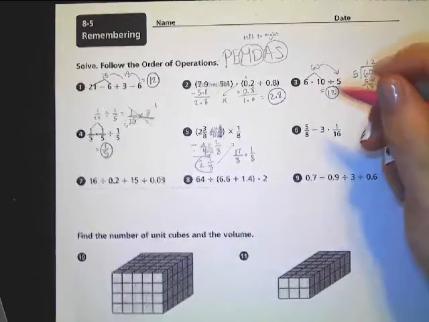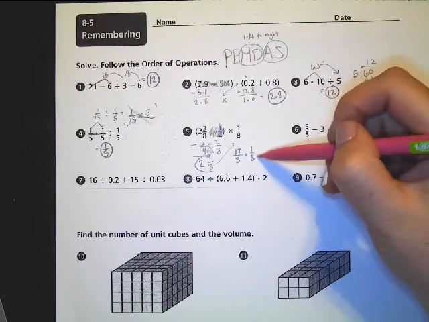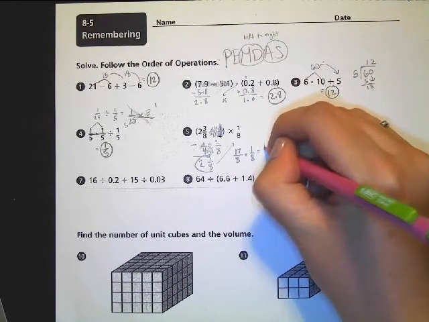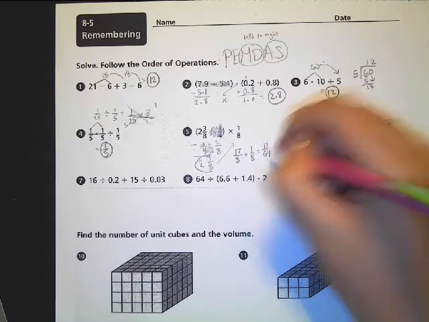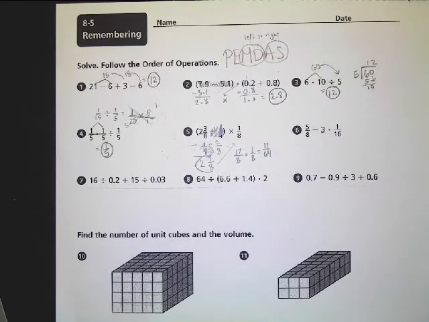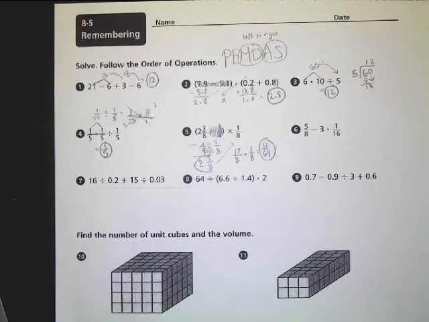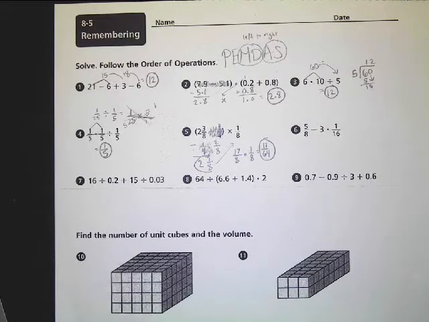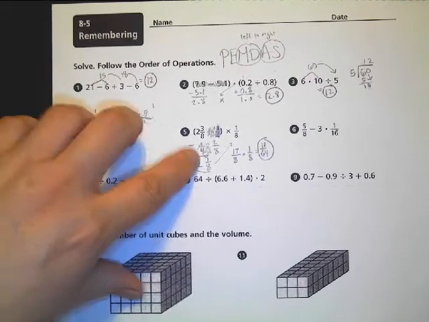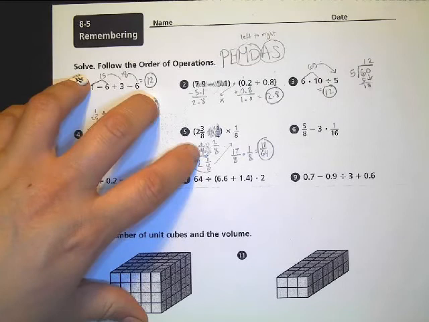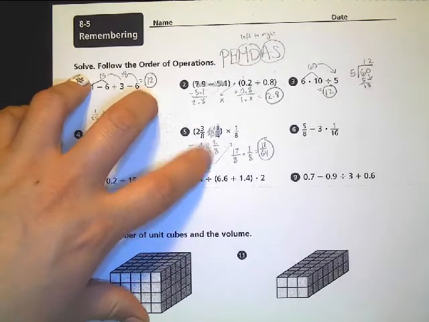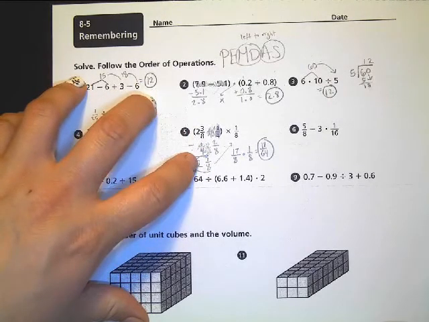Multiply, then add. 8 times 2 is 16, plus 1 is 17 over 8 times by 1/8. None of these have relationships, so it's just going to be 17/64. That is crazy. But that is your final answer.